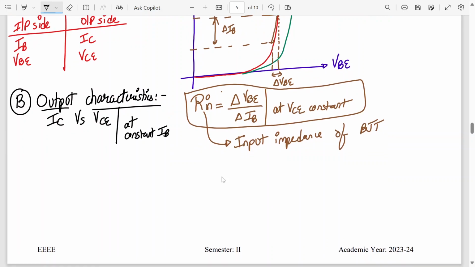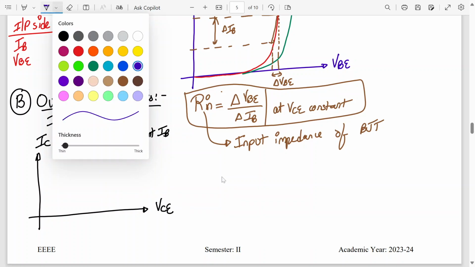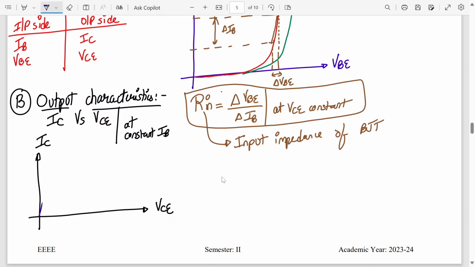All right, so can we start with the graph? The output graph looks like this. We have IC versus VCE, at one constant value of IB. So this IB is constant.